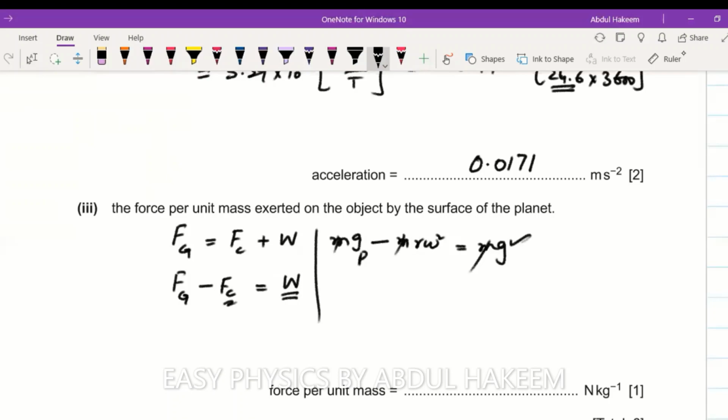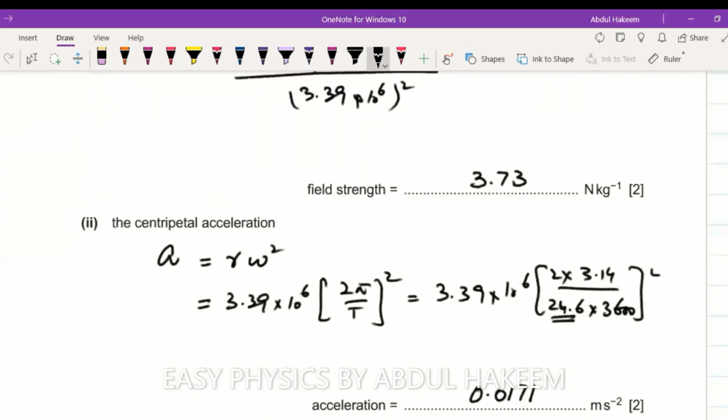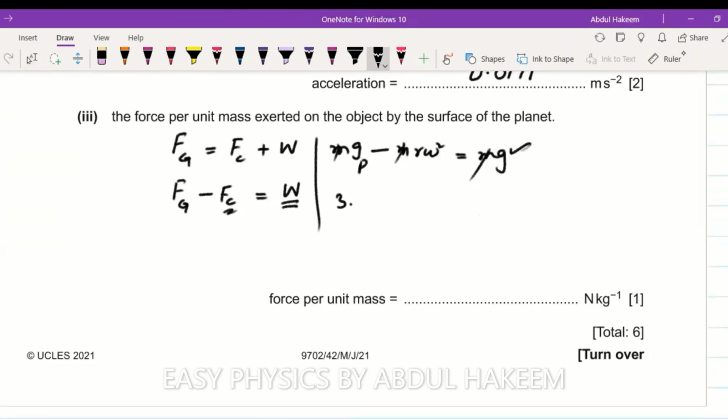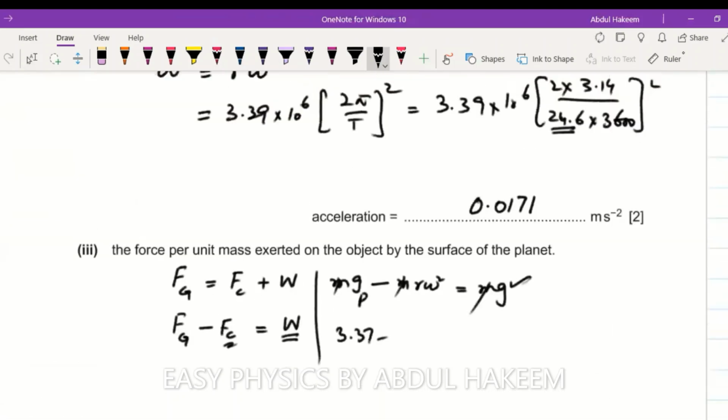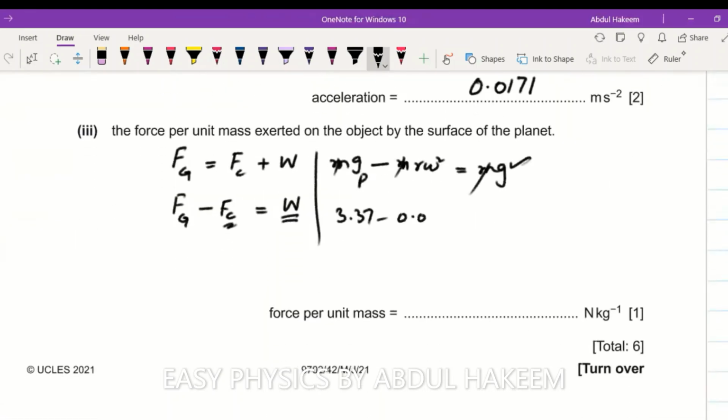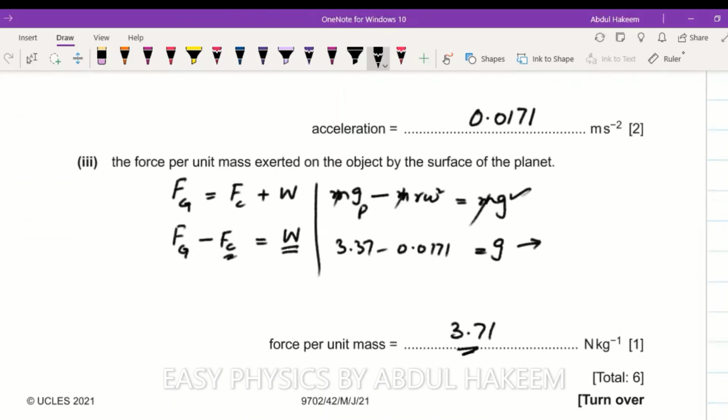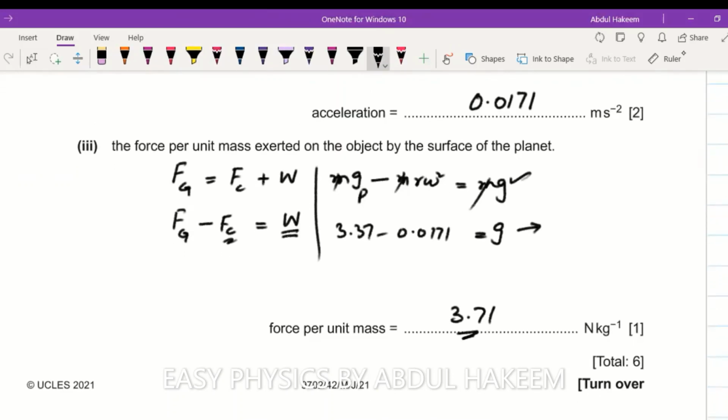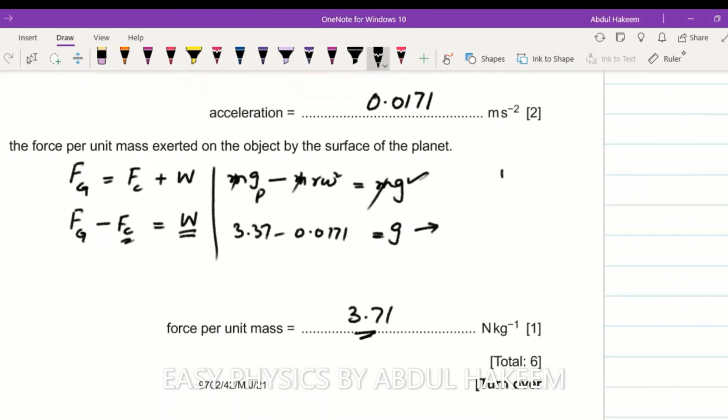So g at the surface is 3.73 minus the centripetal acceleration, 0.0171. So this is the force per unit mass, and its answer is 3.71. So the explanation of this: actually weight is the difference of the force of gravitation minus the centripetal force at the equator.